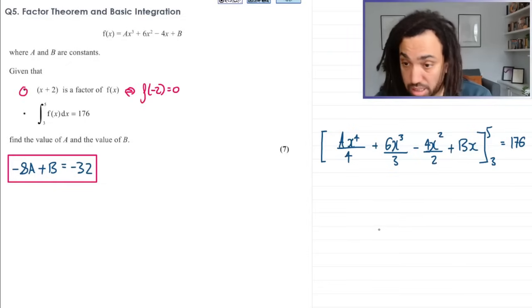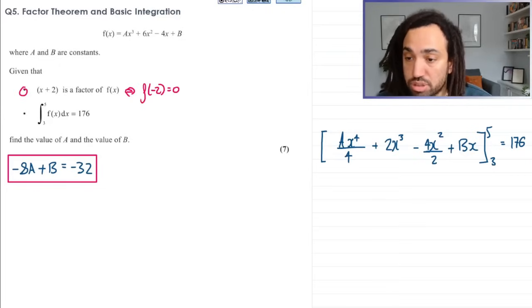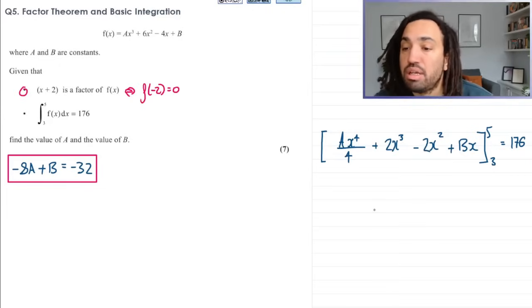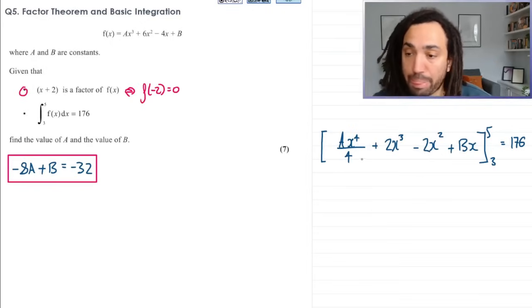Okay, great. Let's just do a tiny bit of simplifying. 6 over 3 is just 2, so I could have just written 2 in here, like so. And 4 over 2 is 2, so again I could have just written 2 in here. Okay, now we need to sub in 5.